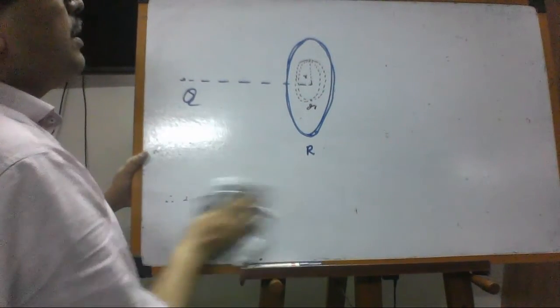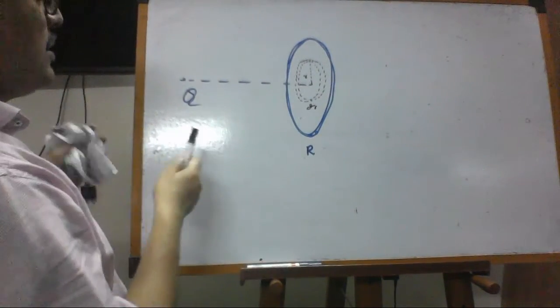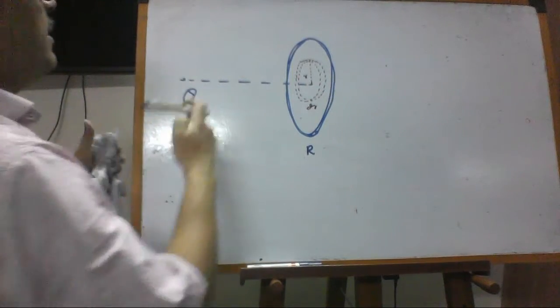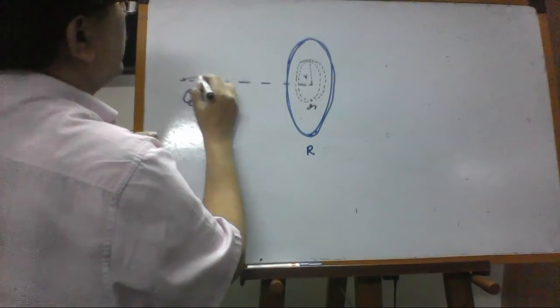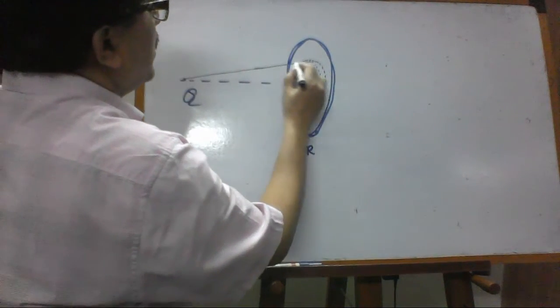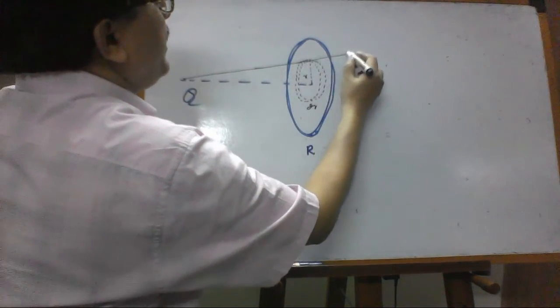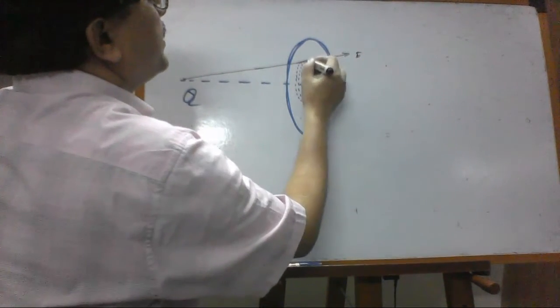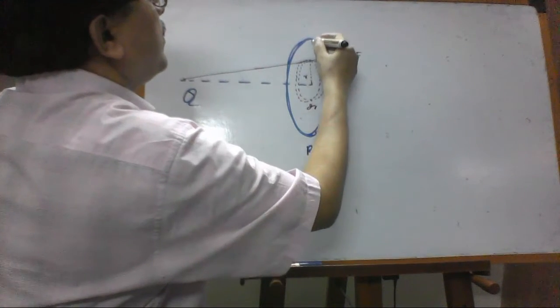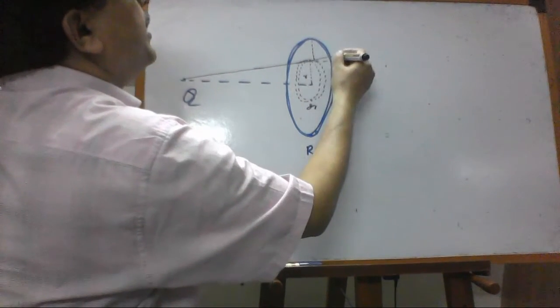Now, at this point, if you consider the electric field due to this charge plus Q, lines of force are going in all directions, here E will be directed this way.